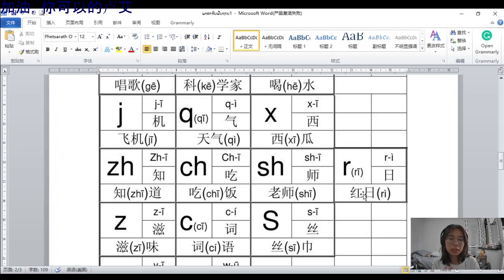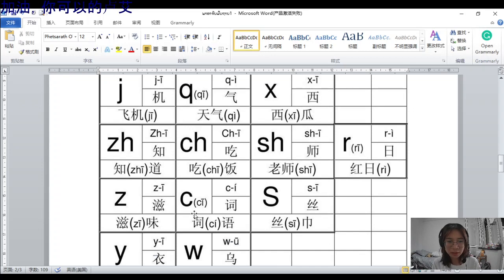日 means day, 红 means red. 红日, it should be red day, I guess. Okay, this is quite interesting for Chinese. Sometimes you don't understand the words, but you understand them one by one, and then you can combine them and guess the meaning of the sentence.